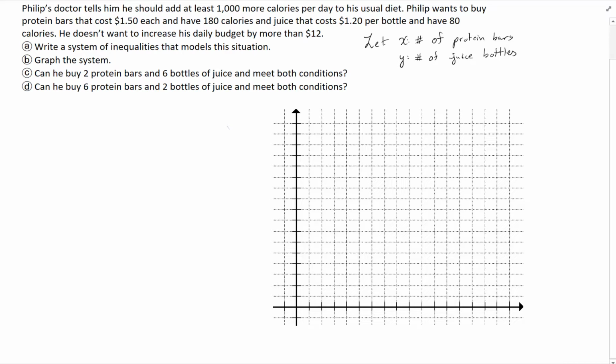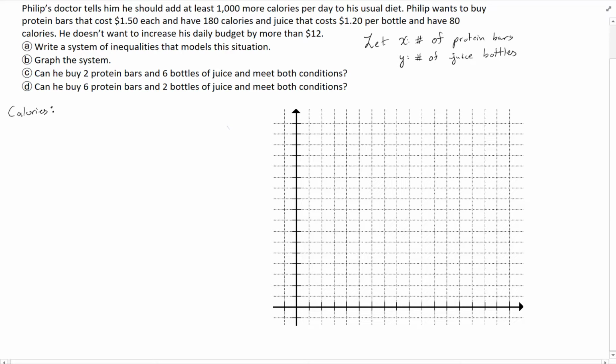So now I'm going to try to write a system of inequalities. We have two constraints on the problem, calories and budget. So let's write one constraint in terms of the calories.